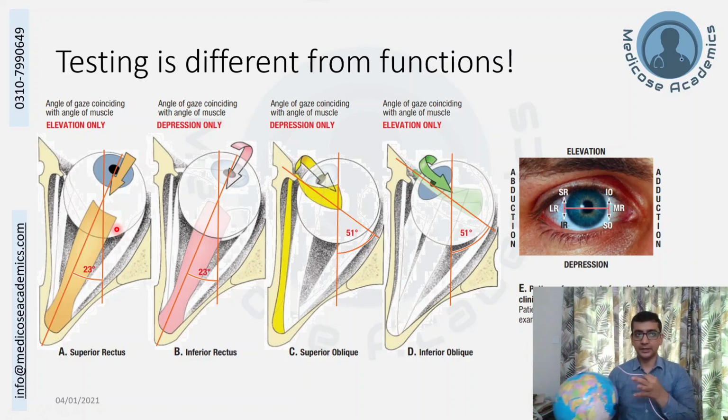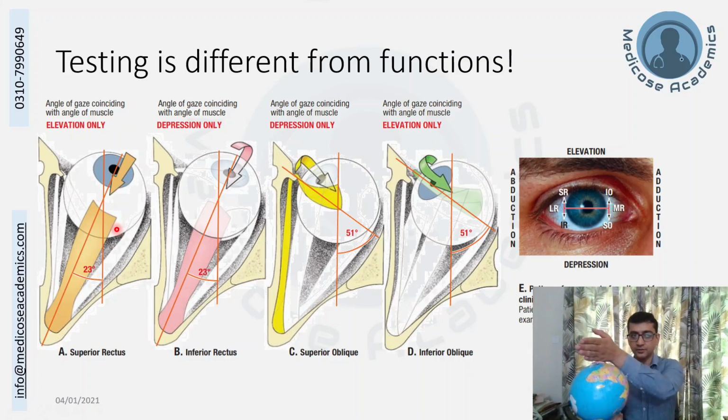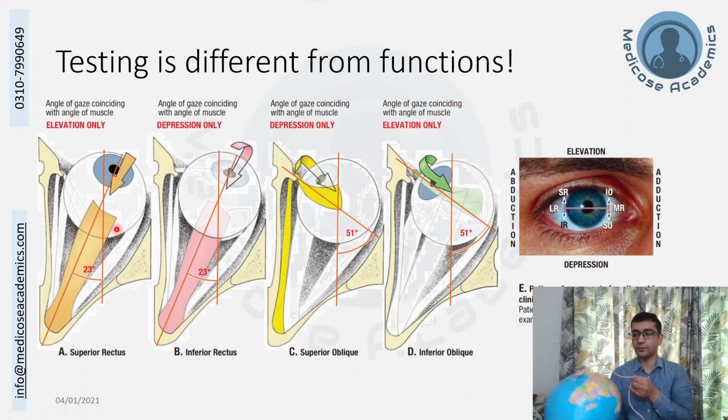Now let me make my point a little more on that. Superior rectus was doing, this is the eye looking forward now. Superior rectus was responsible for looking upwards. What if that person was looking medially? You see, this is the long axis of the eye now. This is the long axis of the muscle now. Long axis of the eye and long axis of the muscle are 90 degrees to one another now.